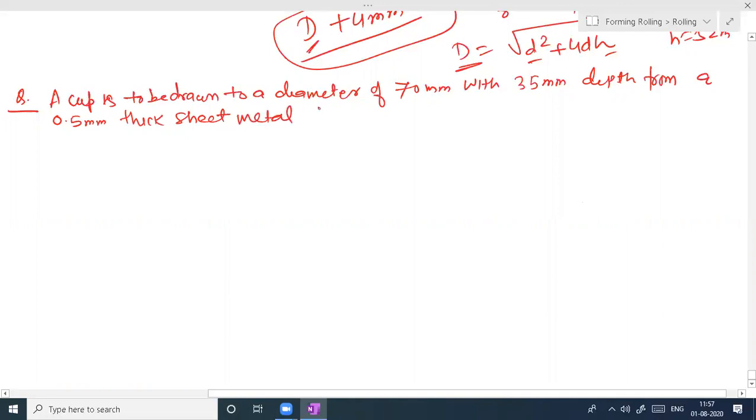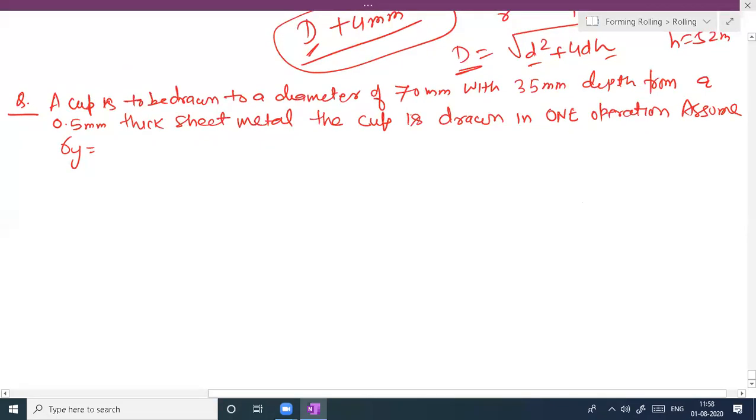The cup is drawn in one operation. Assume the yield stress is equal to 400 megapascal.